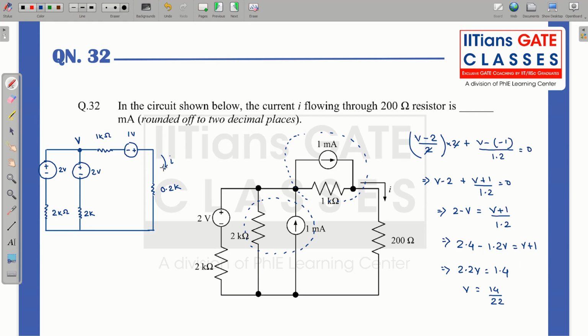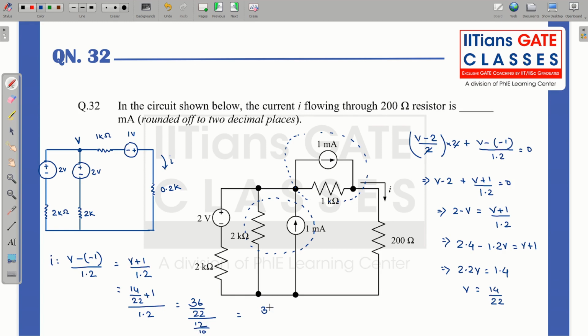So this current I will be: I is equal to V minus of minus 1 divided by 1.2, because these two resistances are in series. So V plus 1 divided by 1.2. So that will be 14 by 22 plus 1, divided by 1.2. So this will be 36 by 22 divided by 12 divided by 10.